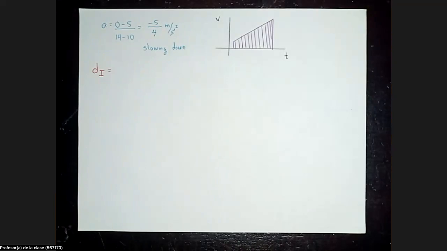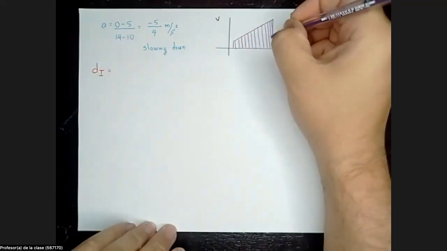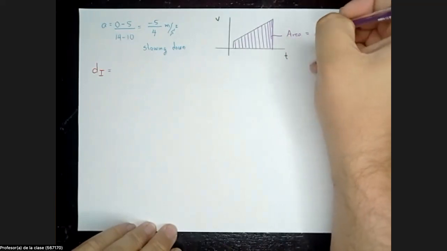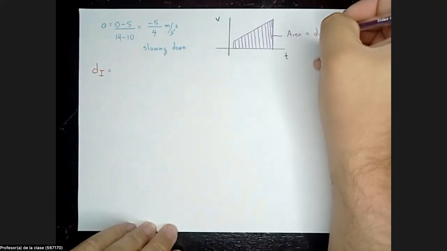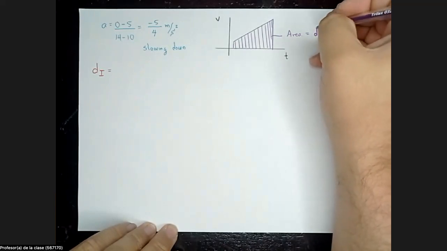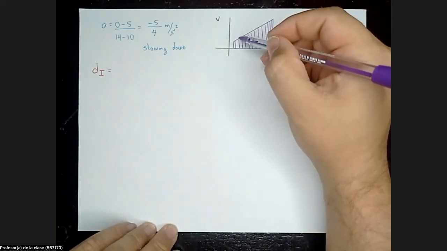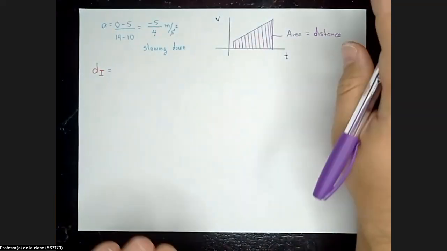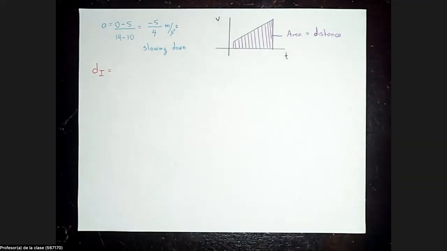Remember, the area is going to be the distance. The area between the straight line and the x-axis always is going to be the distance.